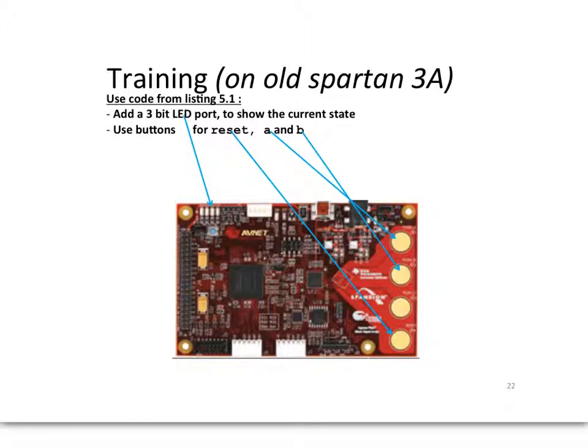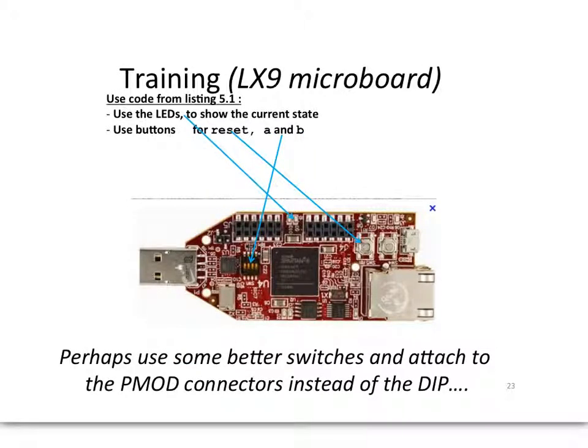So this is the old board we have been using in previous semesters. We'll skip that and look at our LX9 Micro board, and I would suggest that now you could try to take your state machine design and use the 4 LEDs that we have. 2 of them are here and the other 2 are down here, and you can find the pins in the UCF file.